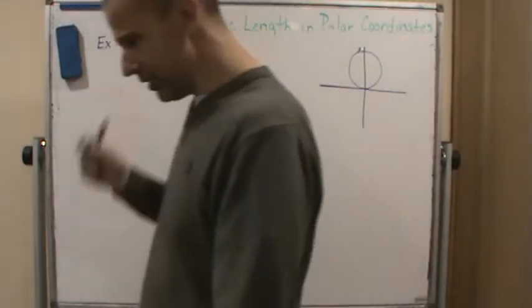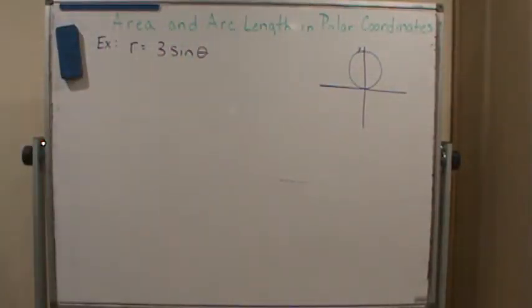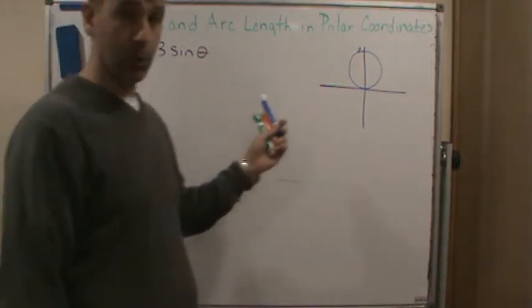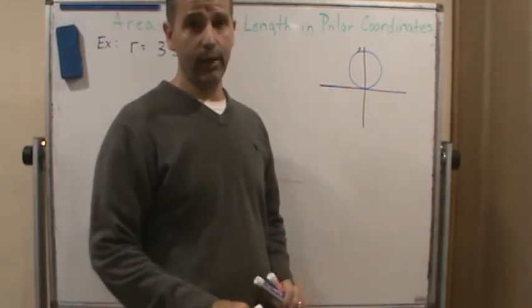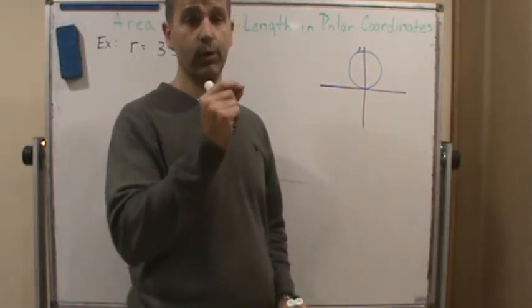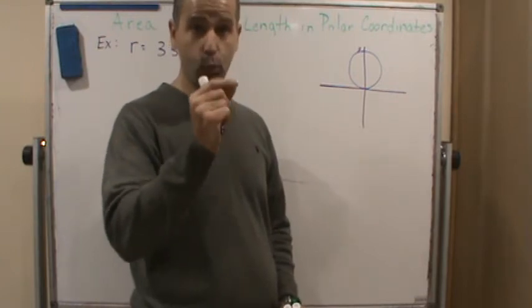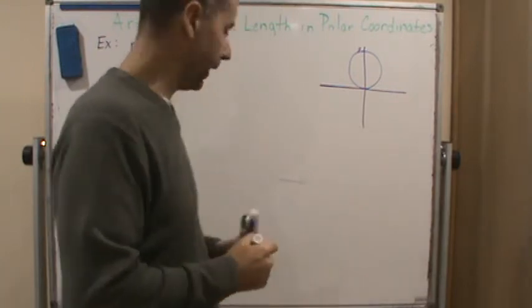Now, the question they're asking us is to find the total arc length of the curve. Well, if we go from 0 to 2 pi, we're going to get double the arc, so we don't want to do that. What we're going to do is go from 0 to pi, because that's going to be one trace of the curve. Okay?